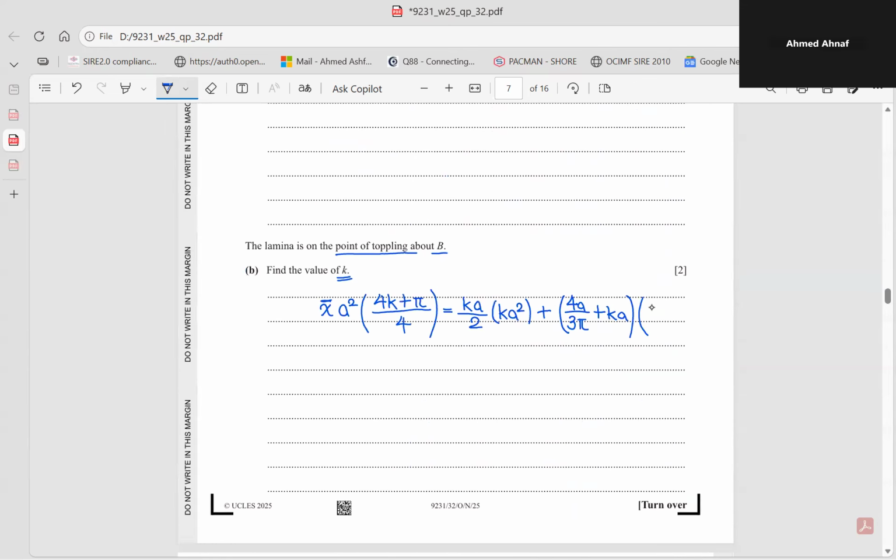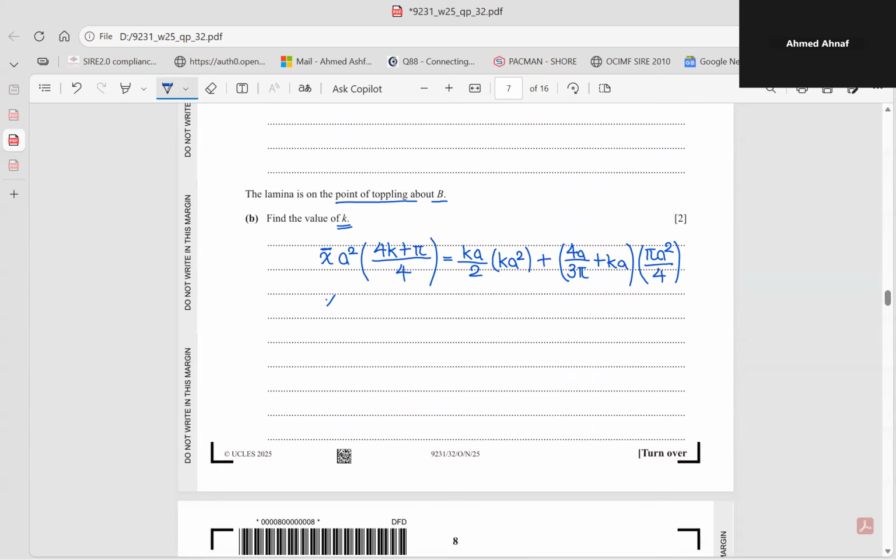So you get x bar a squared pi plus 4k over 4 equals to a cubed k squared over 2 times 3 pi 4a plus 3 pi a k times pi a squared over 4. So the pi's, they cancel out.